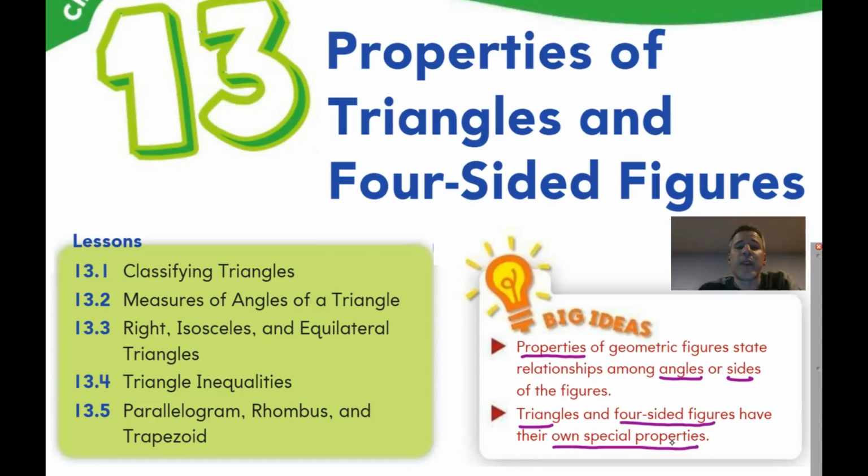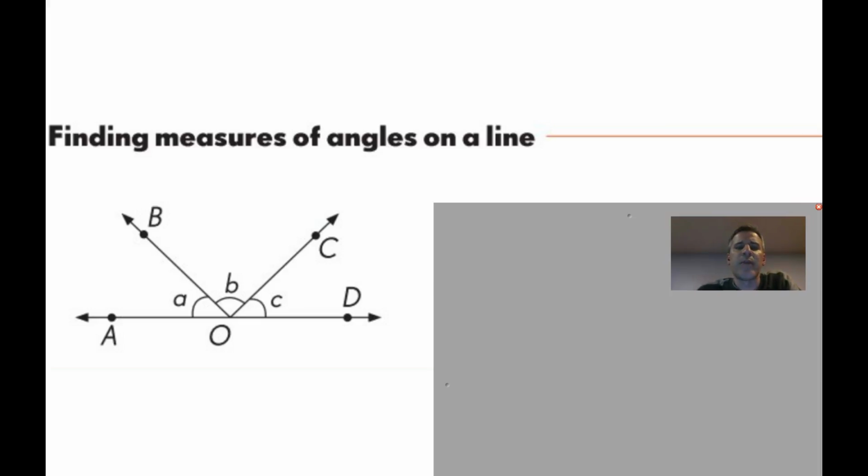But some of the things that you've had from previous grades will be used in this unit. First one being finding measurements of angles based on the line that they're on. Because I see that I have angle AOB, AOC, and so forth.